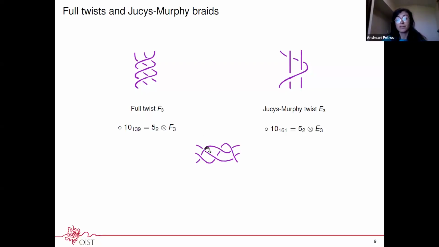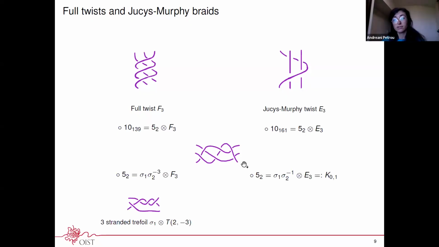For example, if I start with a braid representative of the knot 5_2 and attach a full twist to it, like this, then it will result in the knot 10_39. While if I attach a Jucys-Murphy twist to it, then I would get the knot 10_61, which are both also factorizable.